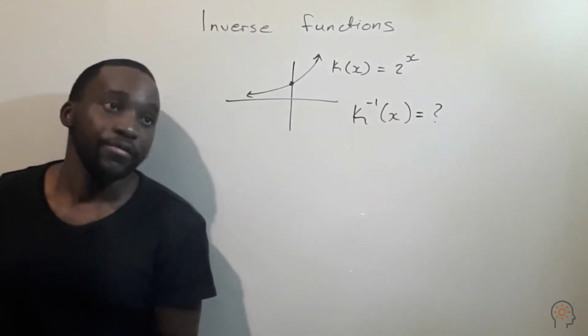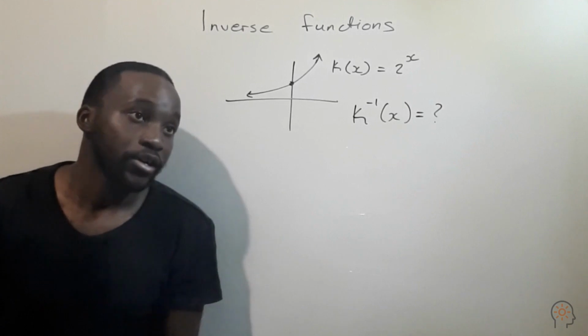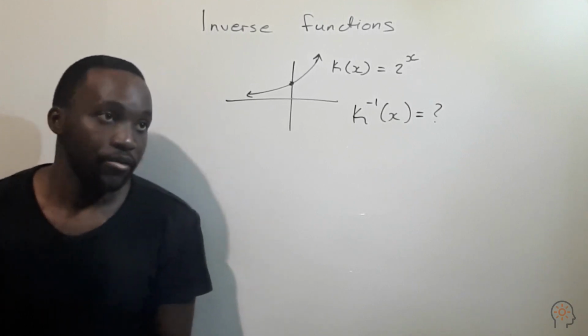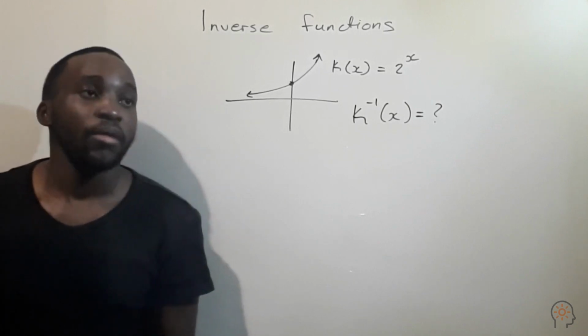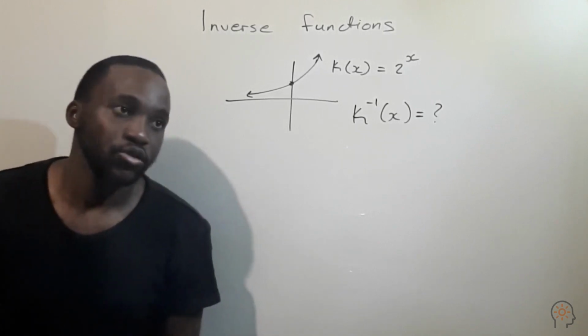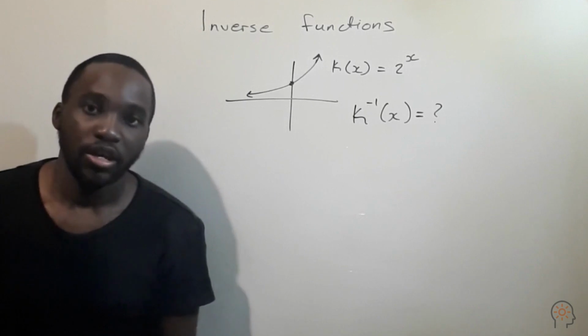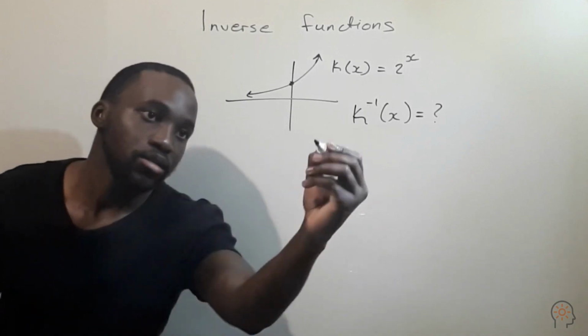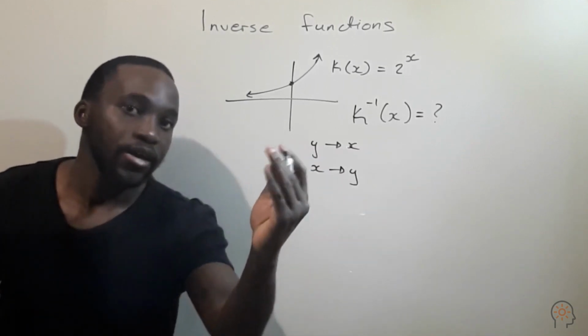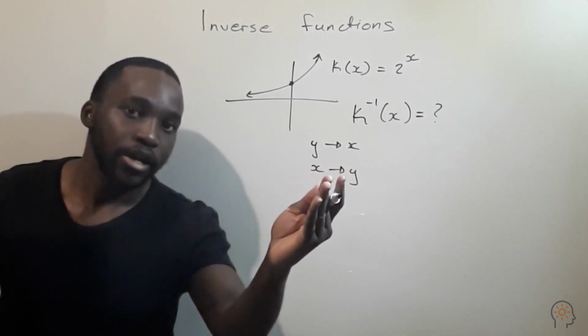We know that if they are asking for the inverse of k of x, this is what they can also have there, right? So from our very first example, whenever you need to get the inverse of a function, all that happens is y becomes x and then x becomes y.